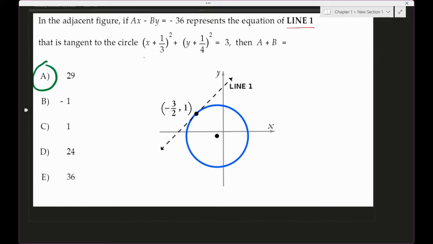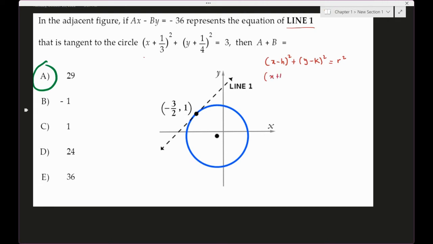So what we need to do is find the equation of line 1. Then we can get a plus b, then we add. If we look at the blue circle, we can easily find its center. If you remember, the standard form of a circle is x minus h squared plus y minus k squared equals r squared.